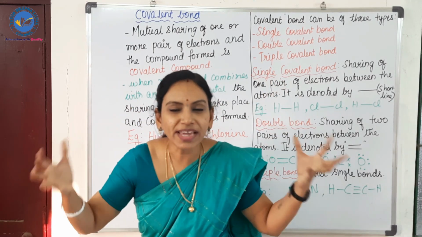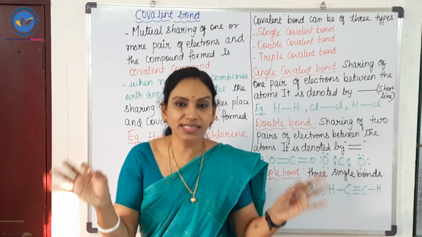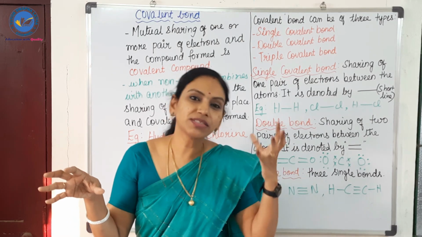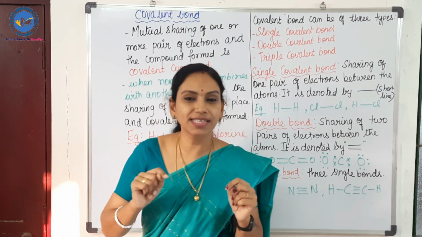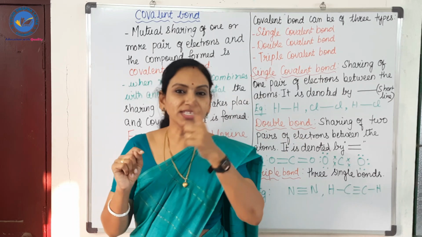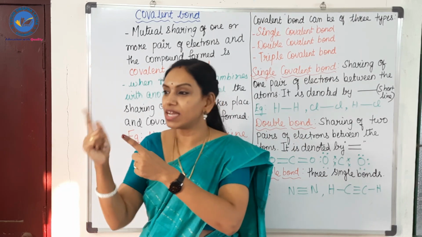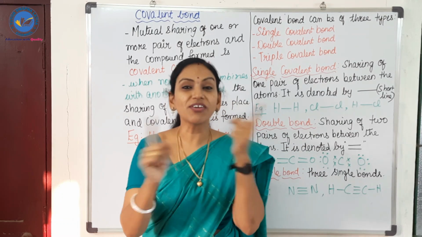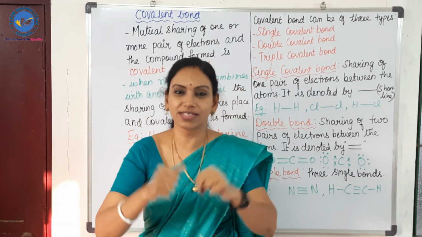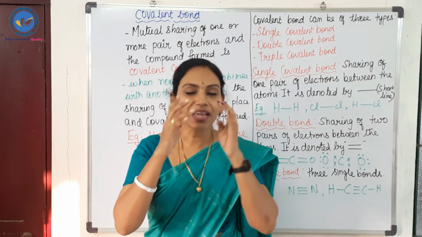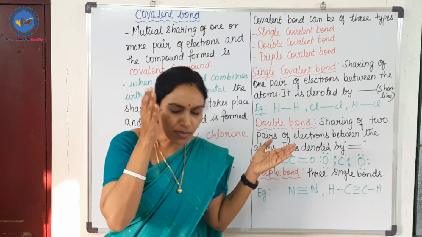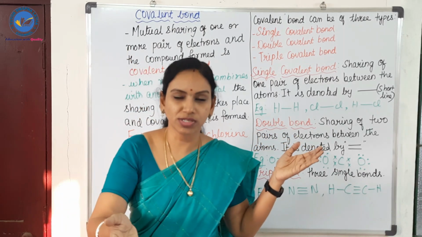Both require one electron, for example. So what happens? As in the chocolate example, today this boy is giving a 5-Star to another boy, and that boy is giving a Dairy Milk to the other boy. Both of them end up eating two chocolates. The same thing is happening here. A non-metal always requires electrons.